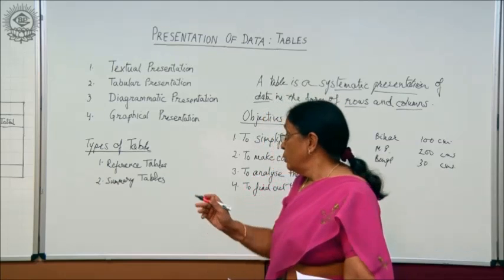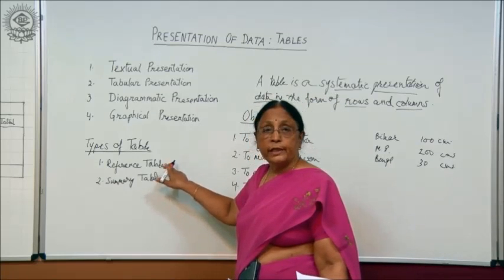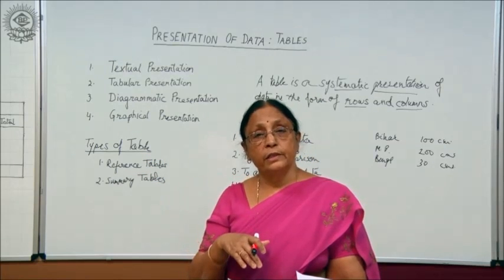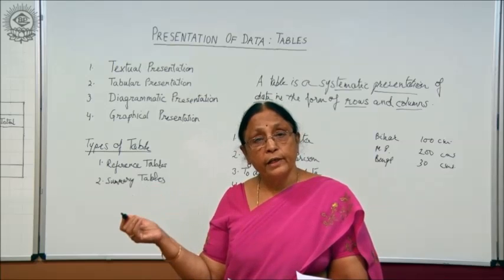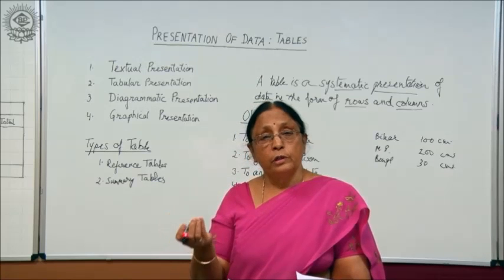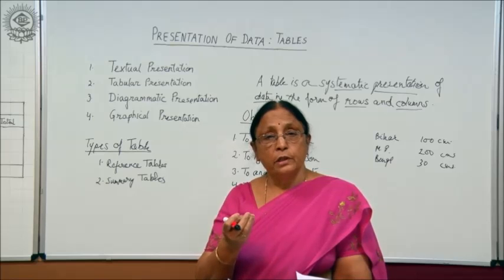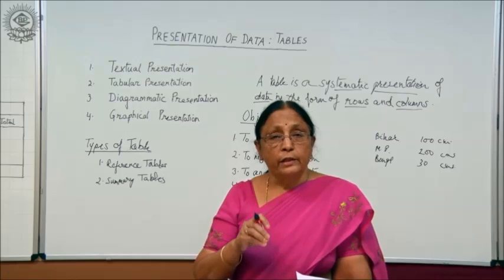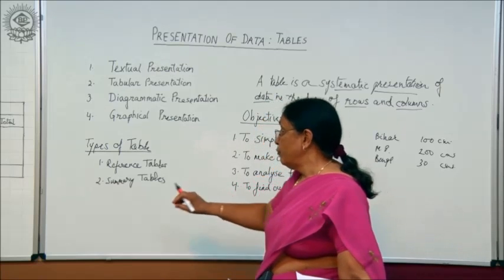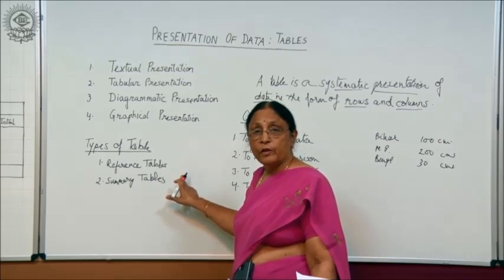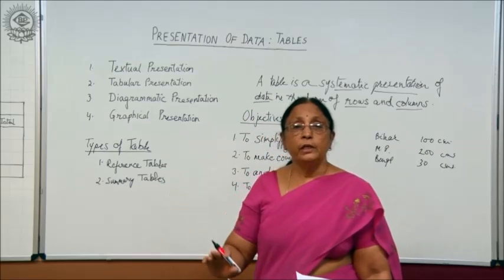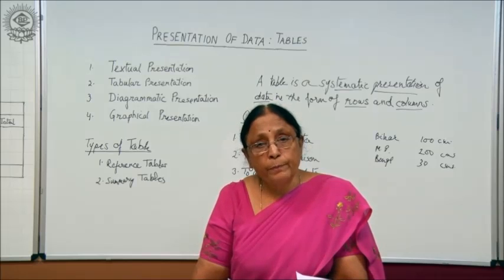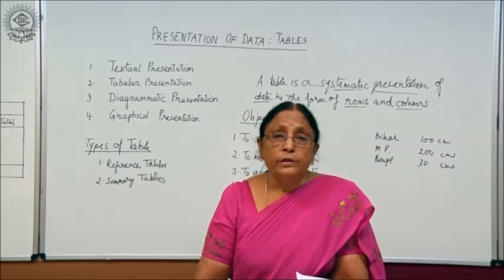The other way is that whatever information is collected in reference tables in the form of primary source, that data you can use as a secondary source, and from that data bank you can take out the required data which is concerned to your inquiry, and then that data is used for a specific purpose. This is known as summary table. So summary tables are made for a specific purpose, whereas reference tables are just the data bank.